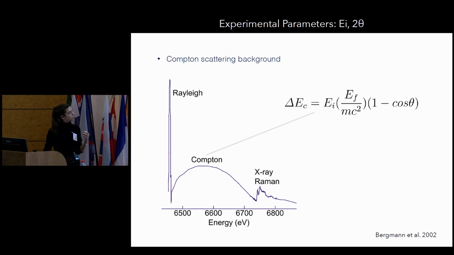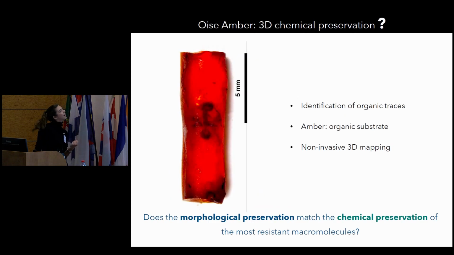But what we have to take into account when we are setting our parameters is the Compton background, and we want our X-ray Raman spectrum to be as far as possible from the Compton. The thing is that Compton also depends on the incident energy and the scattering angle. Okay, so what we did is that we wanted to collect three-dimensional carbon-based images of an insect entrapped in amber.